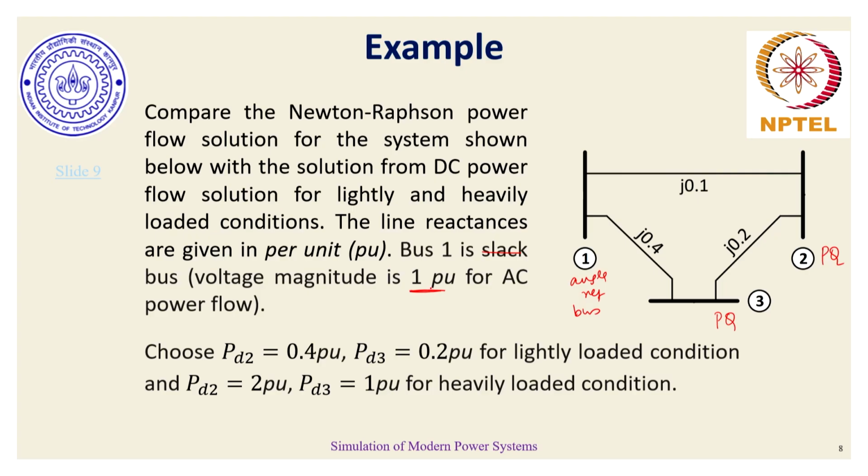The demands at bus 2, specifically real power demand, because reactive power demand also does not play any role in DC power flow, because all buses are assumed to have infinite reactive power capacity. So, if at all there is a reactive load present at bus number 2, it will get satisfied through its own infinite reactive power capacity.